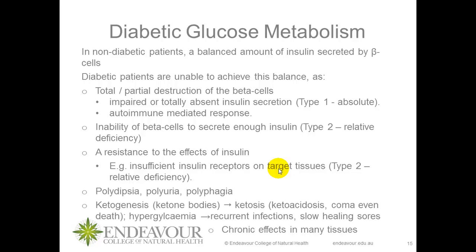A person with diabetes, whatever the cause, type 1, 2, 3 or 4, will show polydipsia, polyuria and polyphagia, the 3 polys. So they will be continually thirsty, they will drink large amounts of fluid, they will then produce regular daily urines, they will produce urine quite commonly at night, nocturia.